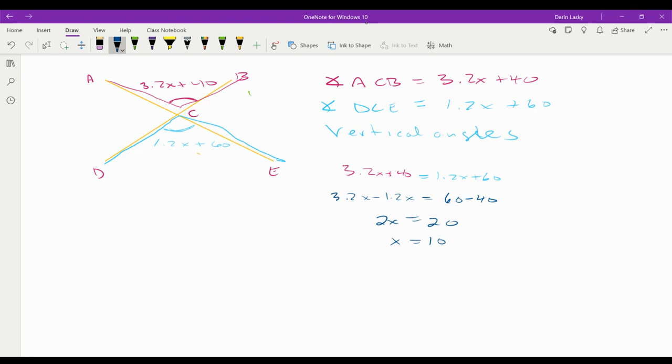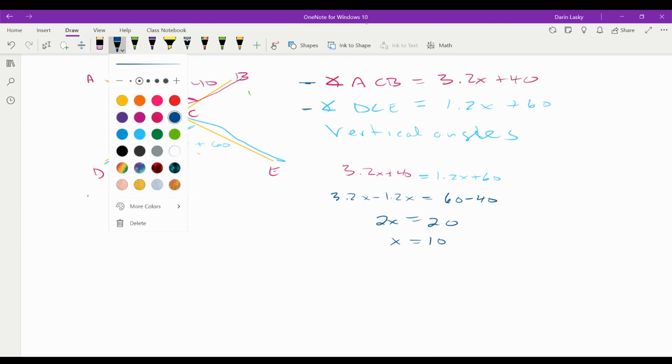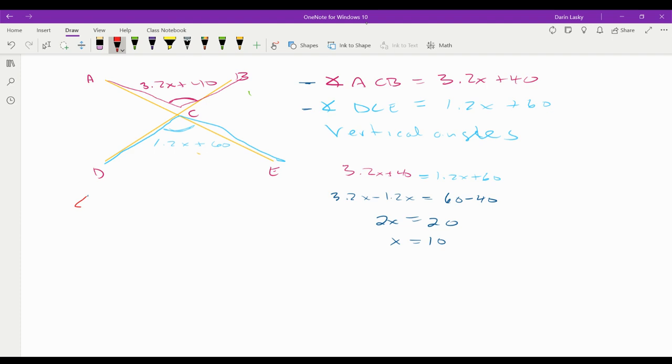All right, so now let's find the angle ACB and DCE. We've got to find the actual measurement. Now, this angle and this angle are the same. Let's go to red now. We're working on answers. Angle ACB is equal to angle DCE because these guys are vertical.